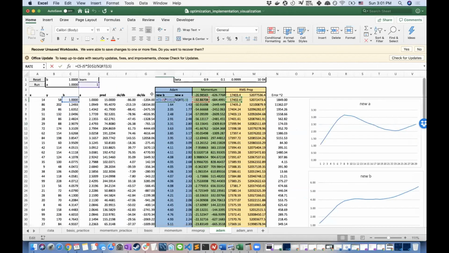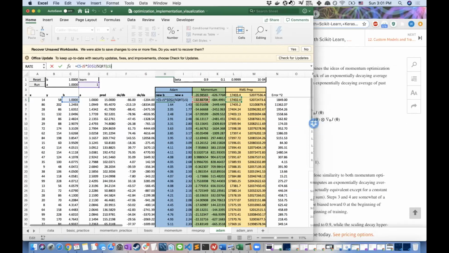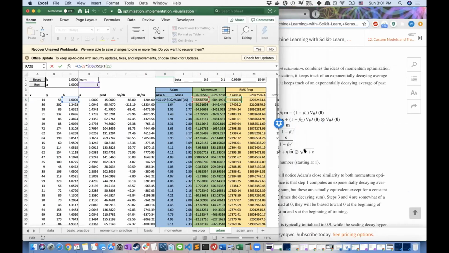The way we do that is, again, square root of that. In the end, you have a square root update of M and S, so that's your momentum, and that's the square root of your S, which is RMSprop.